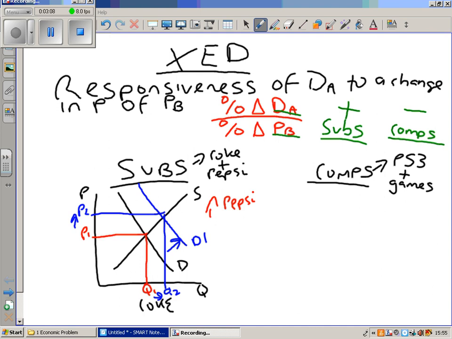How much demand shifts depends on how strongly related these products are. For some people, as the price of Pepsi increases, demand for Coke might not shift at all, so it might stick at D. That is because they don't like Coke, they prefer Pepsi to Coke. Other examples of substitutes could be travelling by bus versus travelling by car.